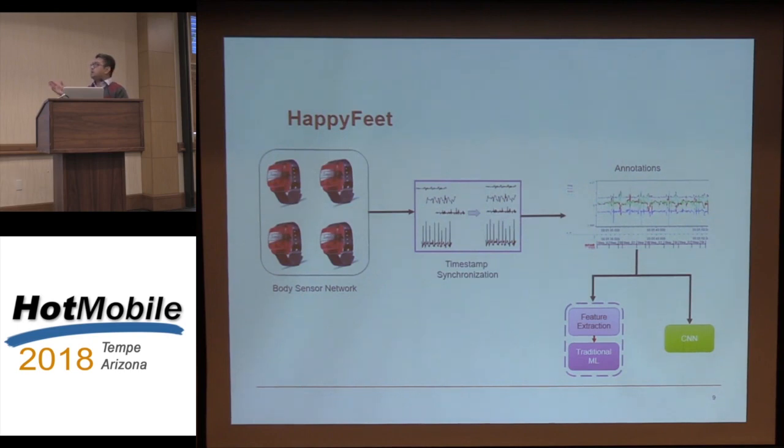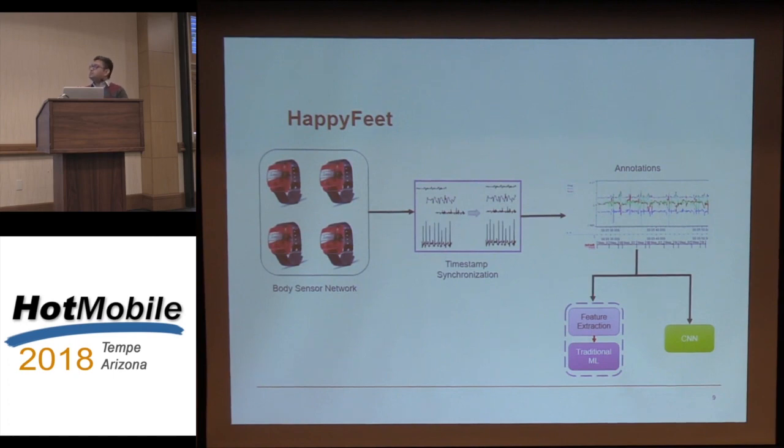But since we had synchronized both the video and the sensor data stream, we had to annotate the video, and we exactly knew the start and the end point of each and every activity. We'll be showing further that the activities are really small, so it was a challenge to annotate the data. And once we had the labeled data, we fed that to both shallow learning and deep learning models.